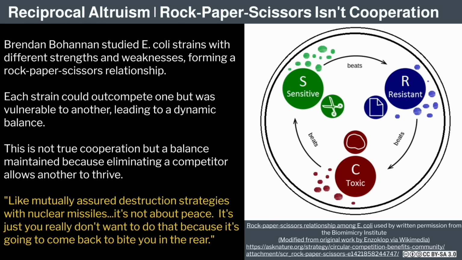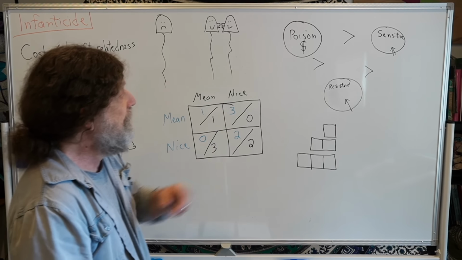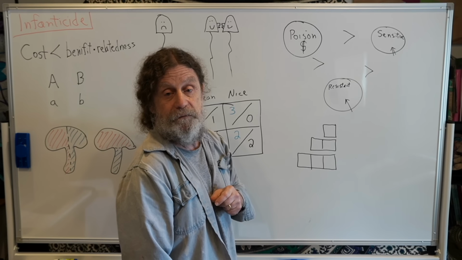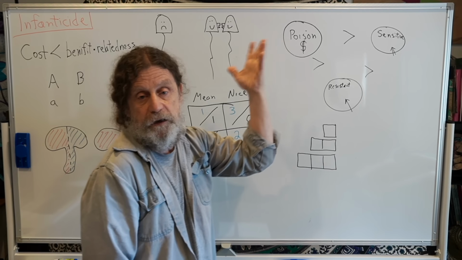A guy named Brendan Bohannon, who was in the department here some years ago before he moved to the Pacific Northwest, studied three different strains of E. coli bacteria, and they had different attributes. This strain is able to make a poison. It's expensive for it, though. It's metabolically costly.